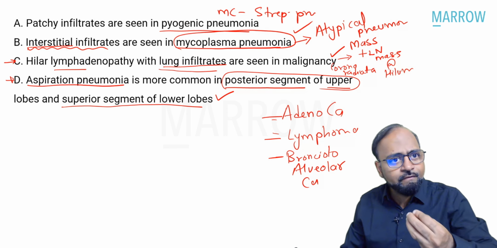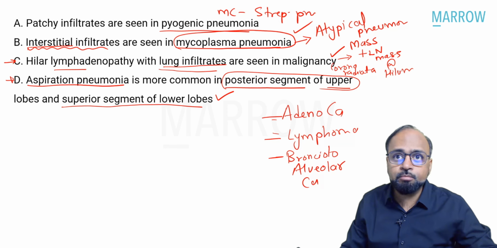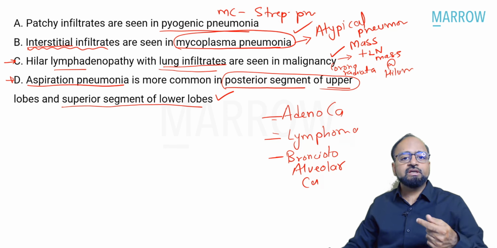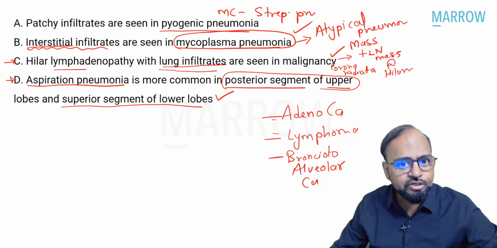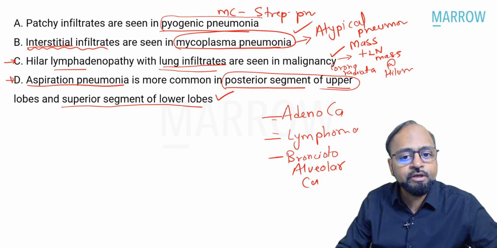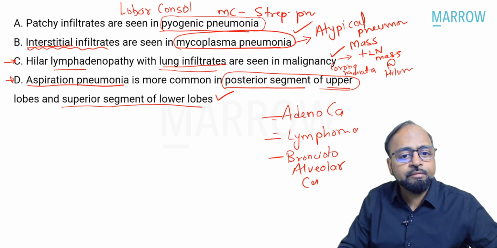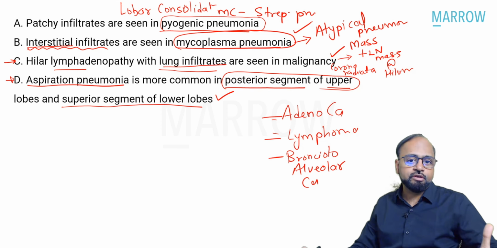Very rarely it presents with patchy opacities, maybe in bronchopneumonia, maybe in pneumonias like Legionella, but these are very rare conditions. And therefore, remember, the most common imaging pattern in pyogenic pneumonia, community acquired pneumonia, is usually lobar consolidation, where the entire lobe or most of that lobe is involved in consolidation.